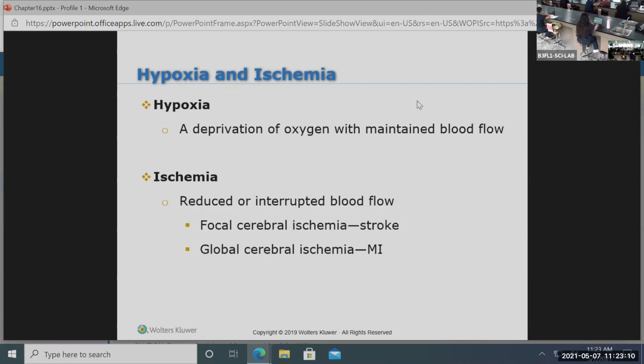Heart attack causes global, and the stroke itself can cause focal. That focal cerebral ischemia depends on which part of the brain is affected. Sometimes the patient with a stroke becomes totally blind. Sometimes speech is gone. Sometimes the motor area is gone. That is the focal effect due to stroke.